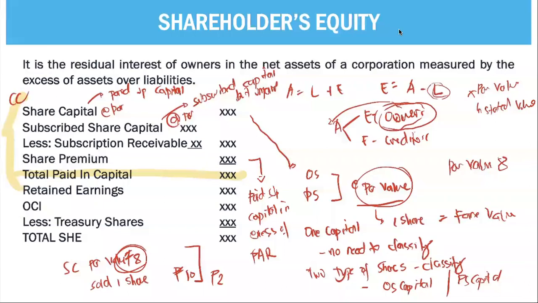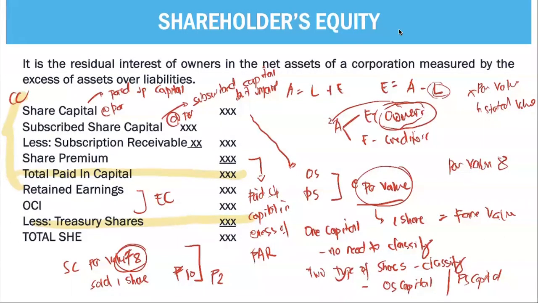Also, we have your retained earnings and OCI. So retained earnings, these are your earned capital. OCI, earned capital. So remember, OCI is an item of SHE. Less treasury shares, these are amounts of shares that were previously issued. However, they were repurchased. So this is a reduction to the amount of your contributed capital.